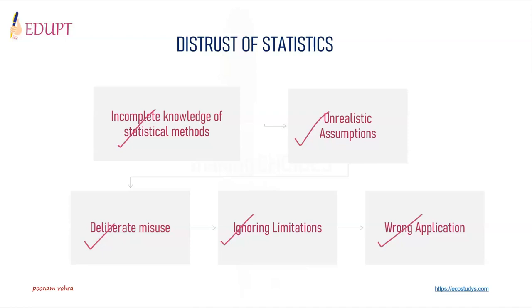To overcome the problem of distrust, only experts should make use of statistics, and the user has to be impartial, and caution should be exercised to use statistics.